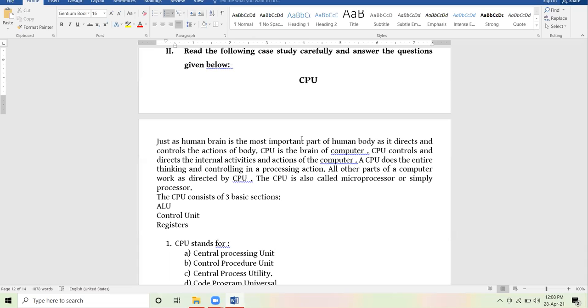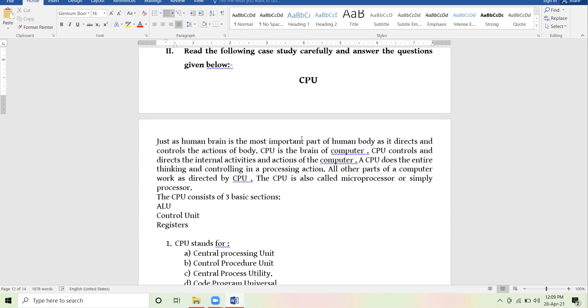Just as the human brain is the most important part of the human body as it directs and controls the actions of the body, the CPU is the brain of the computer. The CPU controls and directs the internal activities and actions of the computer. A CPU does the entire thinking and controlling in a processing action.